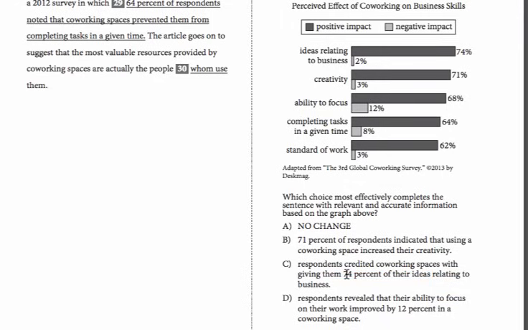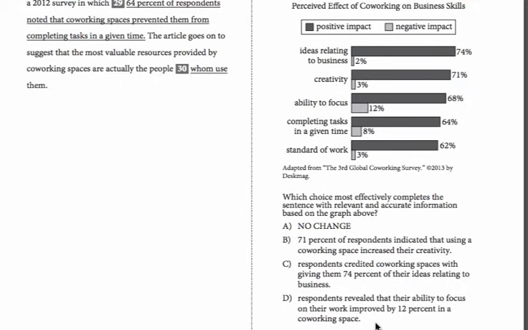In other words, what this is saying is 74% of people said that they get better ideas because of co-working spaces, not that co-working spaces give them 74% of their ideas, right? That's the specific wrongness of that one. It's tricky, but it points to the wrong percentage, in terms of what the percentage reference is. It's people, not ideas. And finally, D.